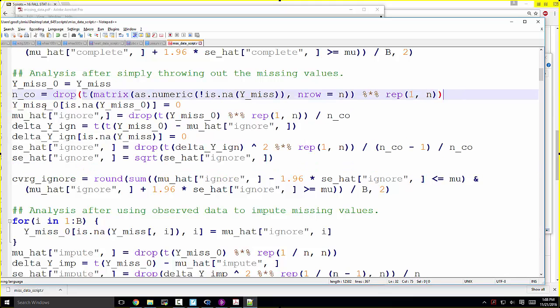What I'm doing here is computing for each column how many observations do we actually have. We have 50 attempted observations for every single simulation. This is computing how many of them were not NA. This is replacing all the Y values that are NA temporarily with a 0, so that when I compute an average, the missing values don't break the calculation.